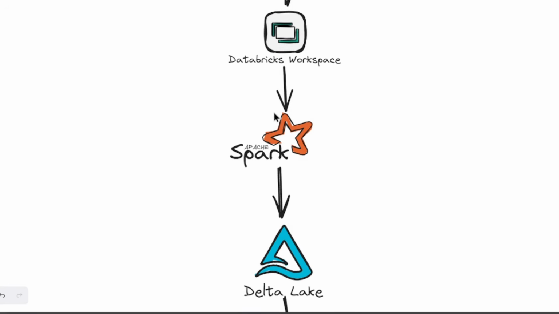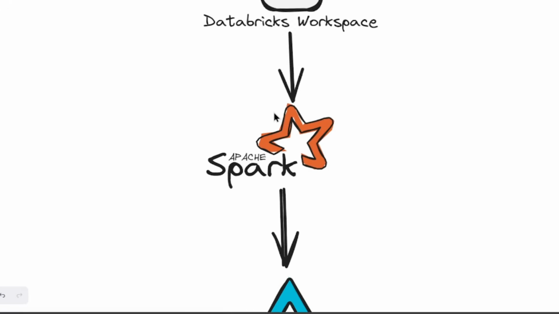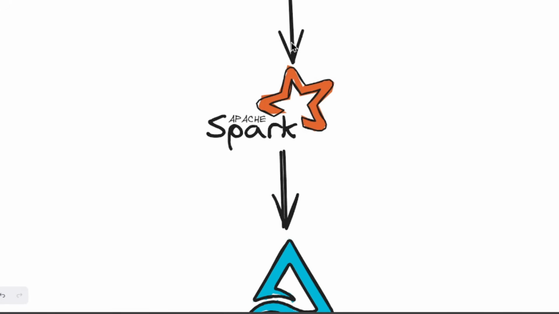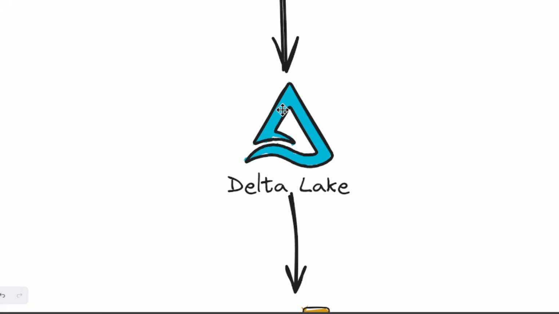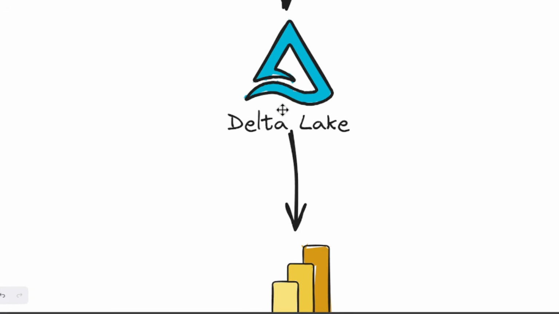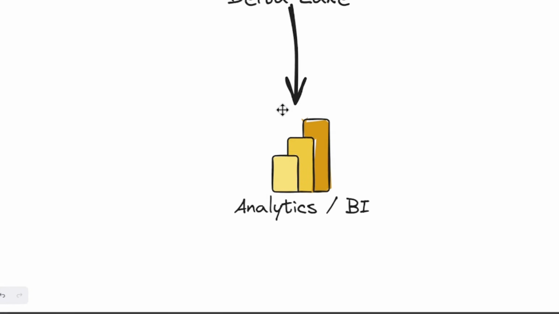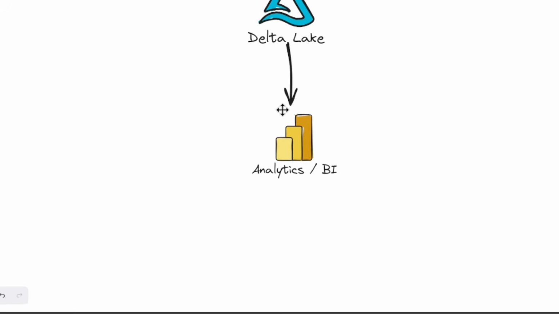Inside Databricks, Apache Spark processes the data. Spark is the compute engine that performs transformations, joins, and calculations on large data. After processing, the data is stored in Delta Lake. Delta Lake provides data reliability using features like versioning and time travel. Finally, this processed data is used for analytics, dashboards, and reports.